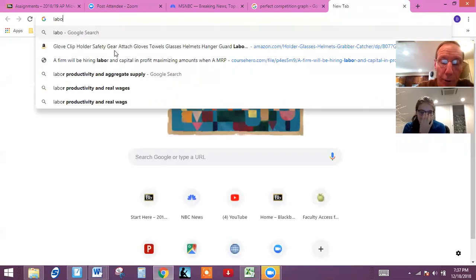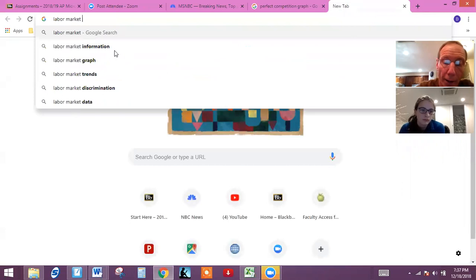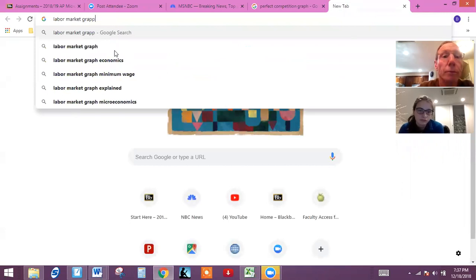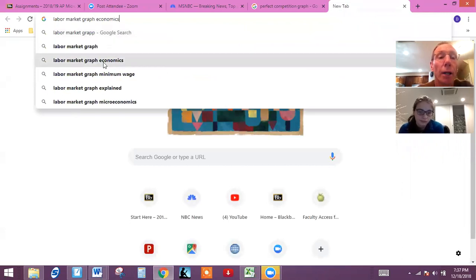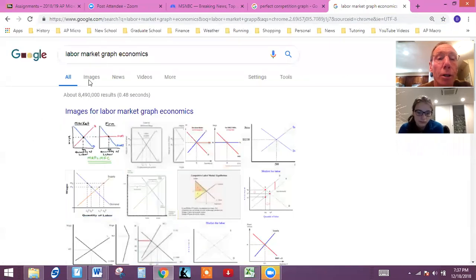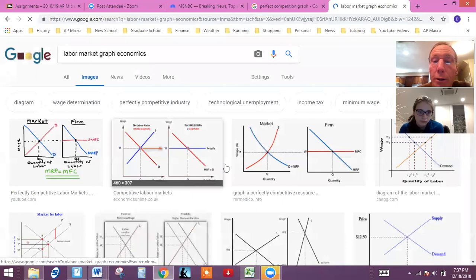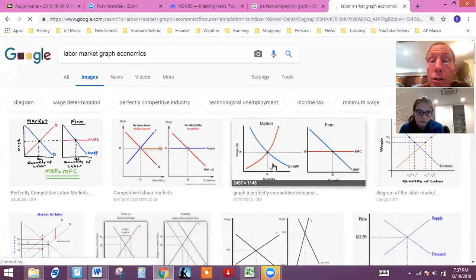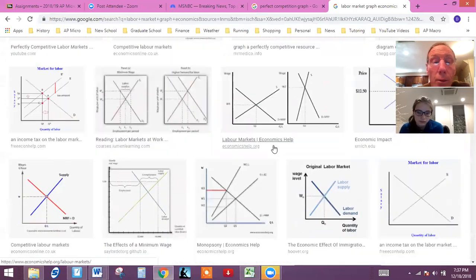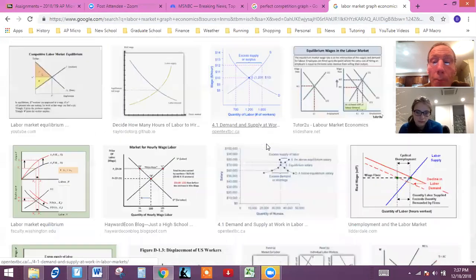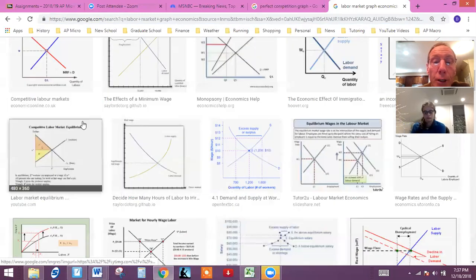Let's just see if we can find that labor market graph. Yeah, it's fine. Do an image. You could probably see it. They might show it. They might not. Sometimes they show and sometimes they don't. It should be like this.